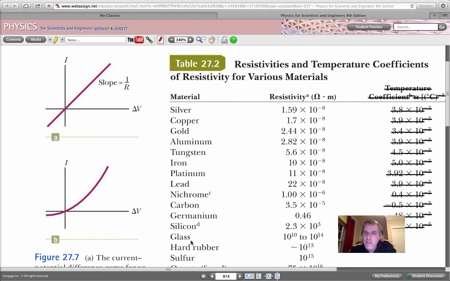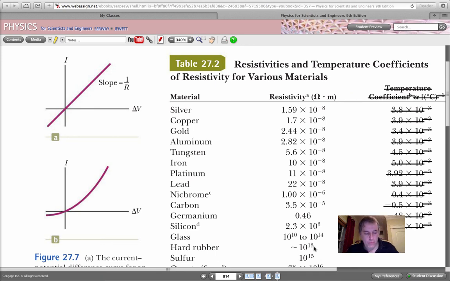Glass is a very poor conductor, with rho of order 10 to the 10 to 10 to the 14. This is about 10 to the 18 times larger than the resistivity of silver. So you see a wide range, with good conductors here and good insulators here.